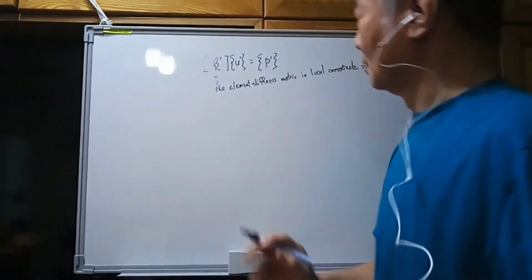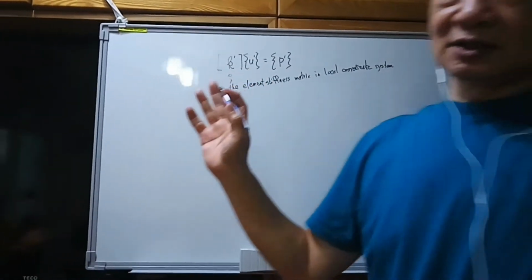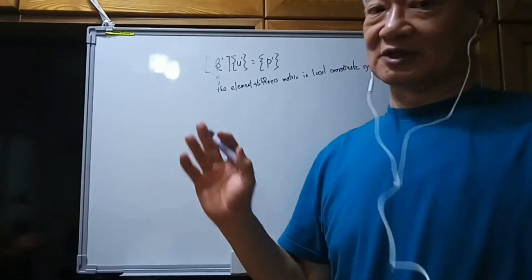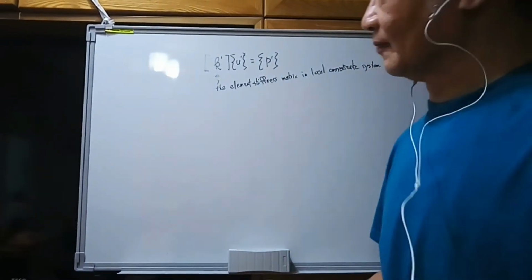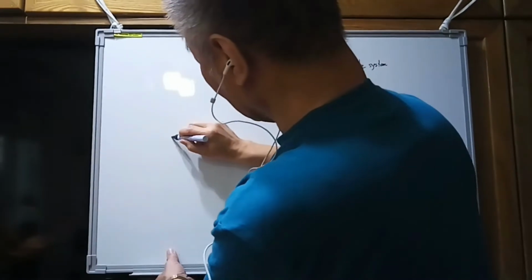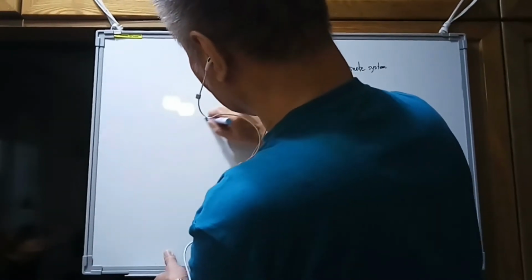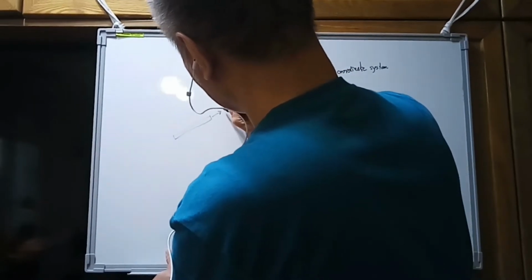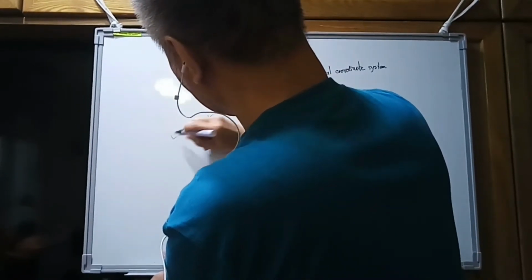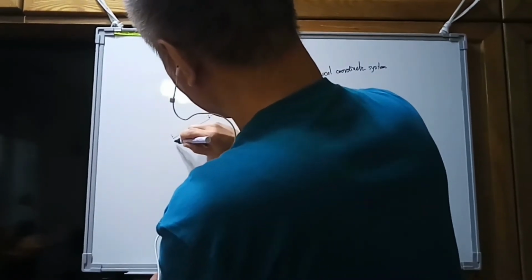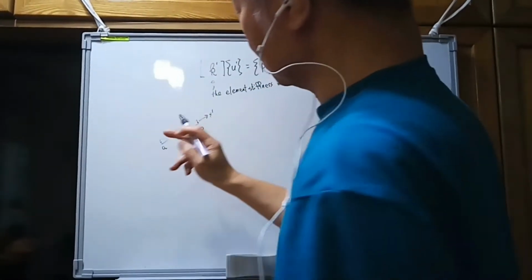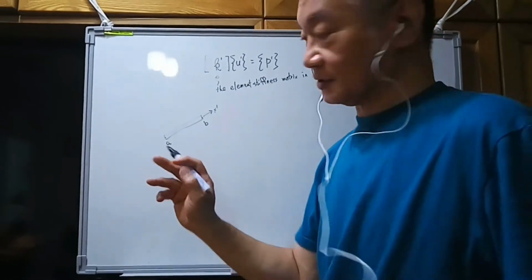Okay, if we have the element stiffness matrix, remember when we derive the element stiffness matrix, we like to use the local coordinate system.